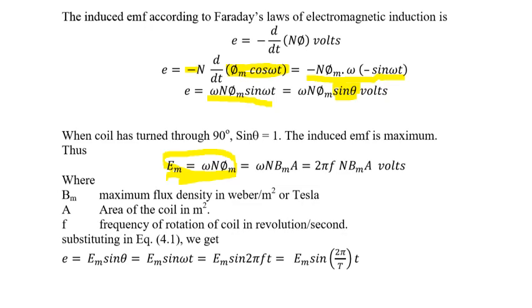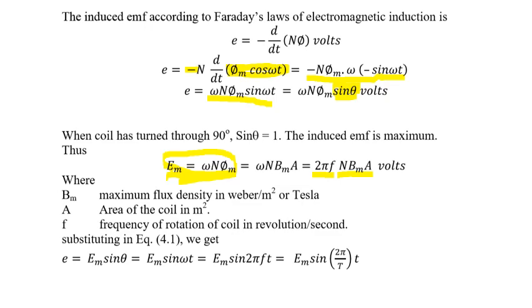Here, further, this omega is represented by 2 pi f, and N Bm A is written as it is. This Bm, maximum flux density, is measured in Tesla or Weber per meter square. A is the area of the coil in meter square, and f is the frequency of rotation of the coil in revolutions per second.